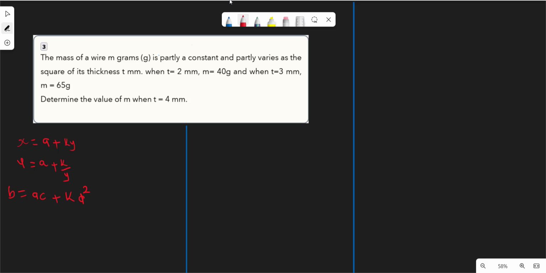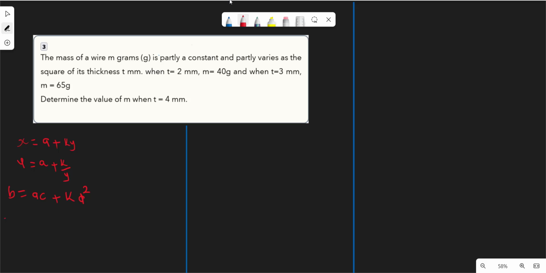So this equation represents the statement: b varies partly as c and partly as a square of d. When you see two "partly", we must include two constants with the variables that the question is giving. In this case, we have the variable c and the variable d, and both of them have a constant.